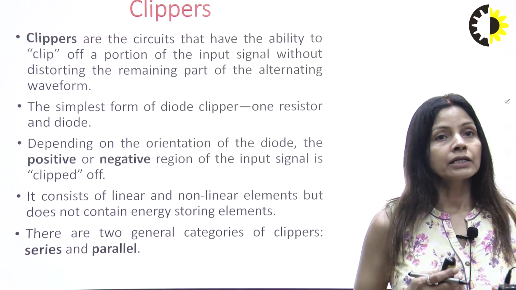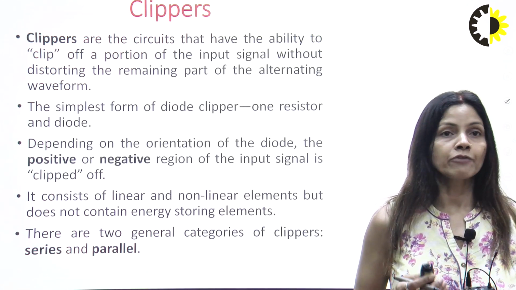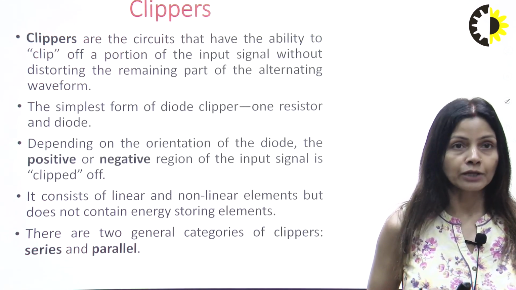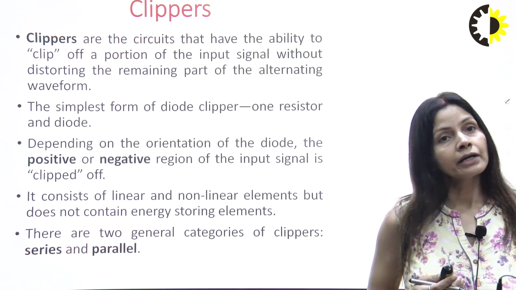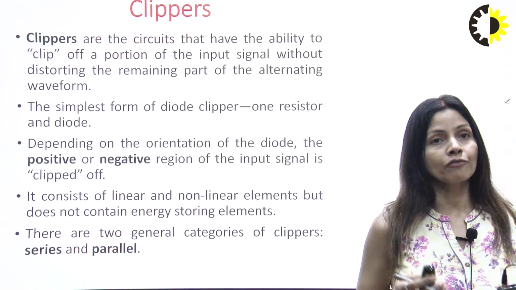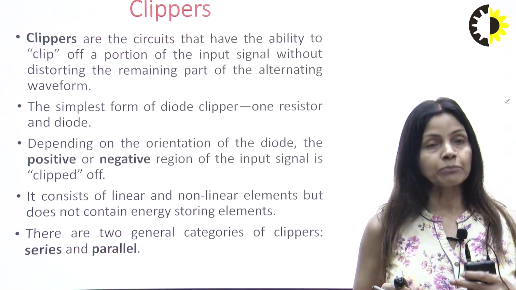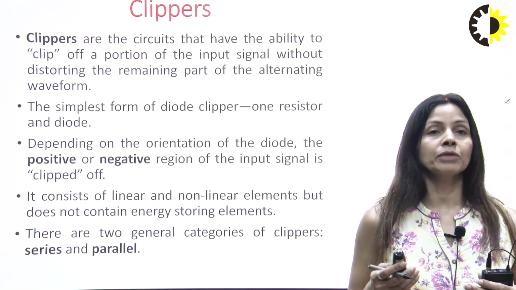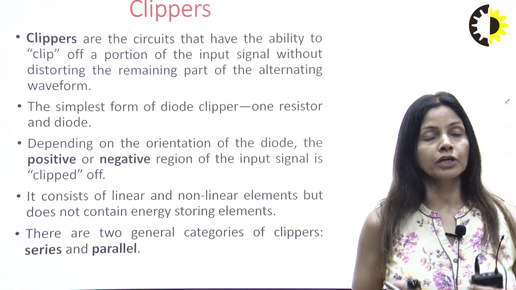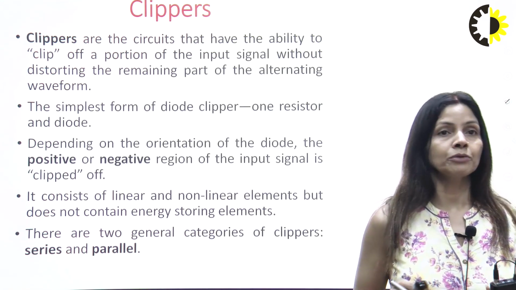Input voltage would be provided, and we will take the output voltage maybe across the diode or maybe across the resistance. Depending on the orientation of the diode, that means how it is being connected in the circuit, the positive or negative region of the input waveform may be clipped off.